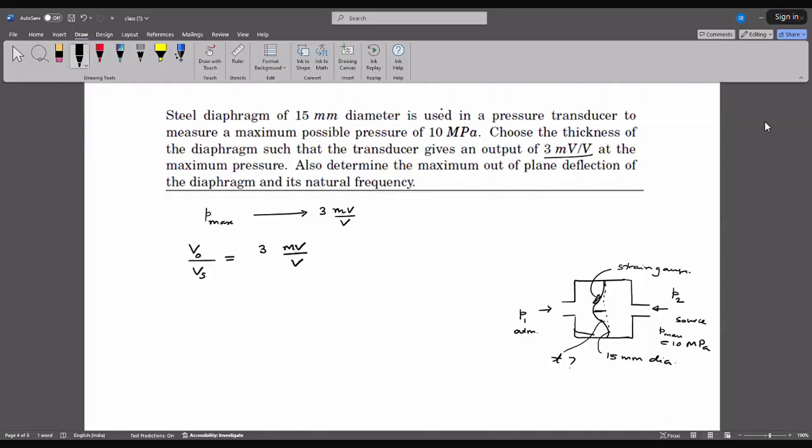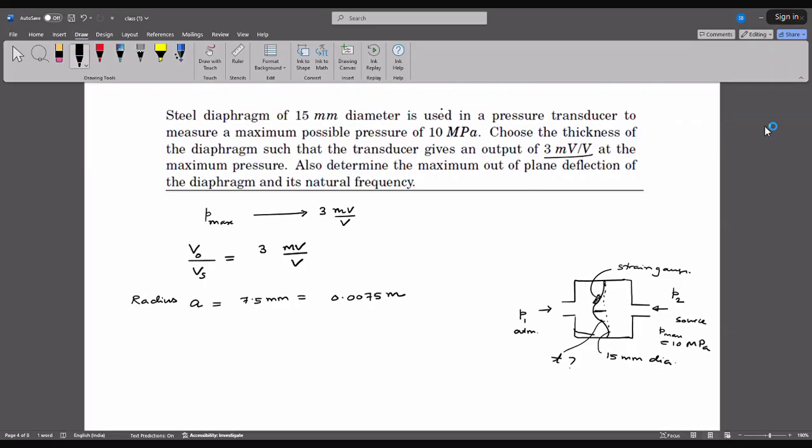The radius of the diaphragm A is 7.5 millimeter, which is 0.0075 meter.